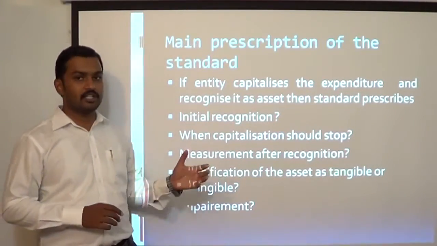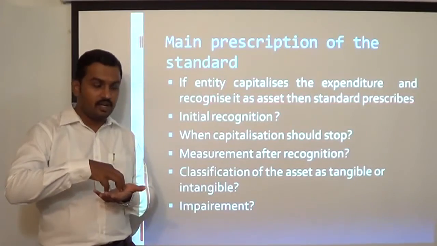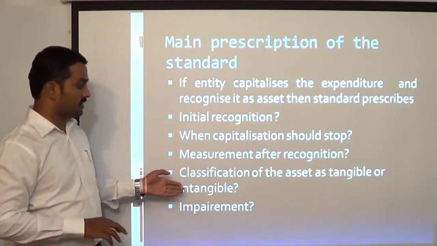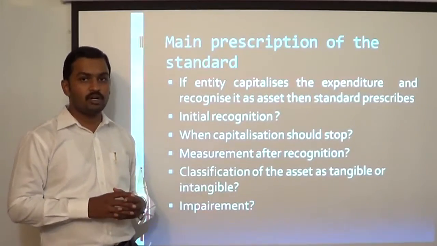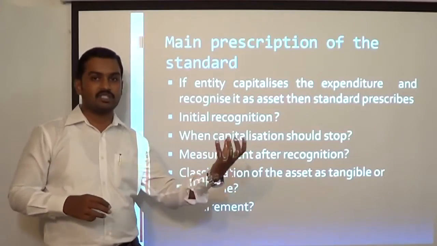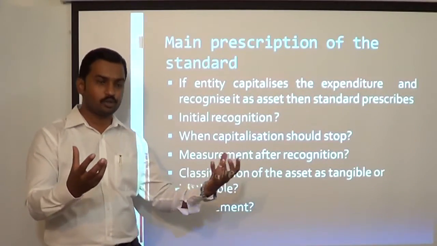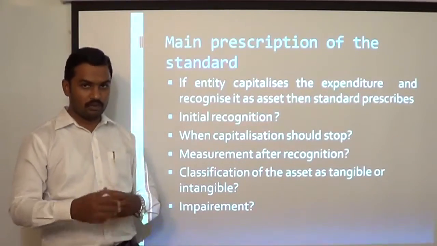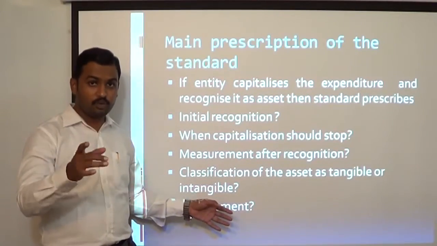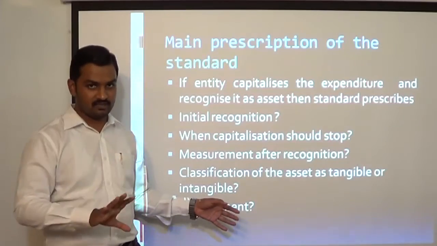Third, measurement after recognition. You have already recognized an asset for balance sheet purposes. Subsequently, how do you measure it? Next, classification of the asset as tangible or intangible. You are saying you are going to treat the expenditure as an asset. Whether it should be shown as tangible or intangible, how should it be shown? Next, impairment. What about impairment? So these issues are prescribed only if you treat the expenditure as an asset.